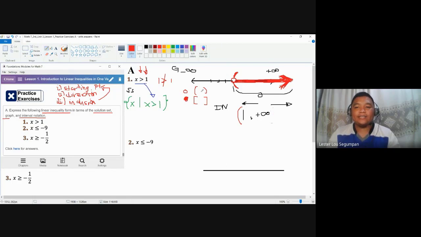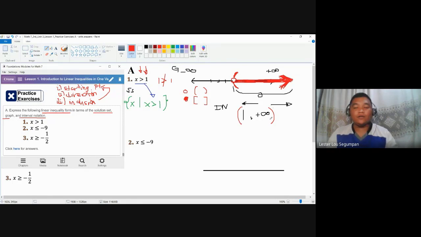We need to place parentheses for infinity to denote that infinity is immeasurable, and infinity should always be open. So this is our interval notation. Our interval is from 1 to positive infinity. You used parentheses earlier for 1, so you use parentheses here. It goes towards infinity. It should be a bracket, but since infinity is immeasurable, that's why we are going to use the parentheses still.